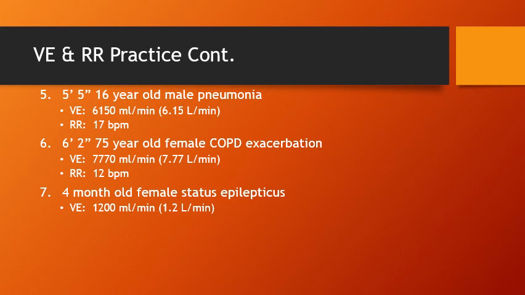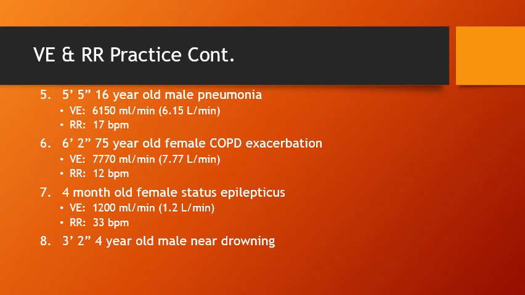Remember, for infants, we're going to use their actual body weight as their ideal body weight. So we're going to multiply that by 200 to get our 1,200 milliliters per minute. And then for respiratory rate, we divide that 1,200 by her tidal volume that we calculated, giving us a respiratory rate of 33 breaths per minute.